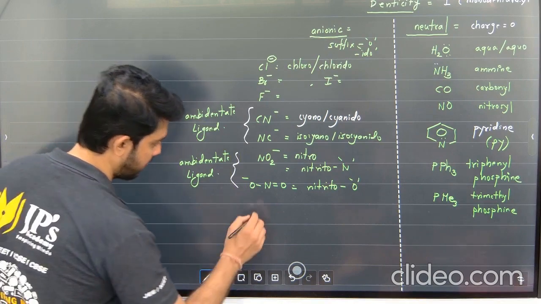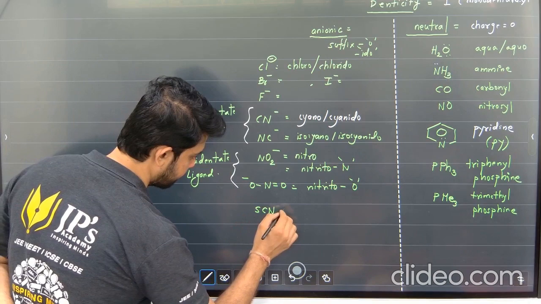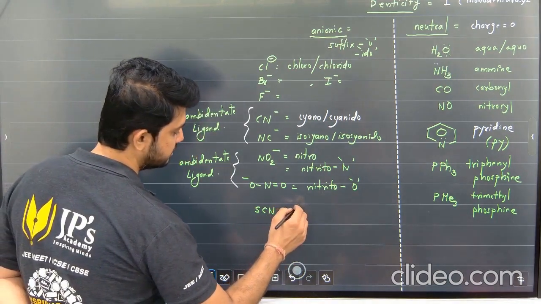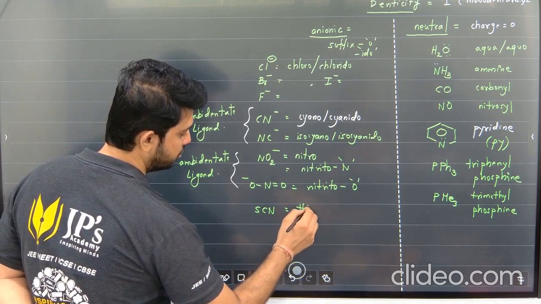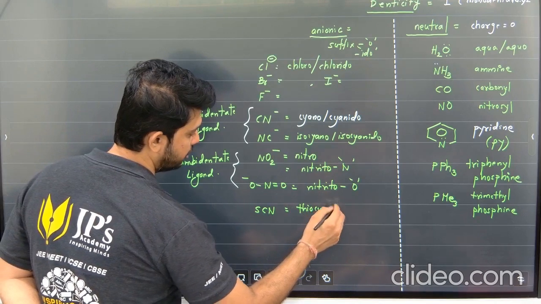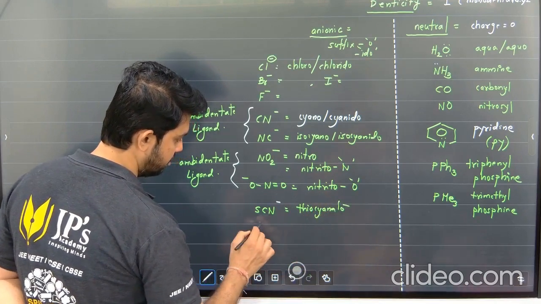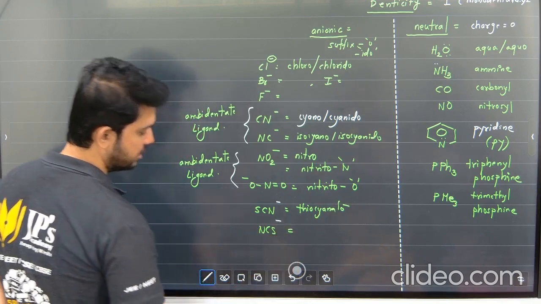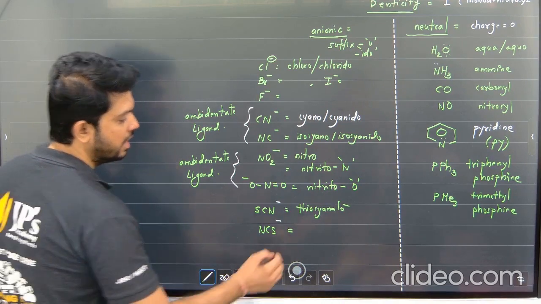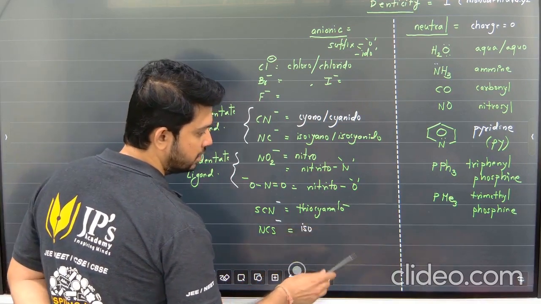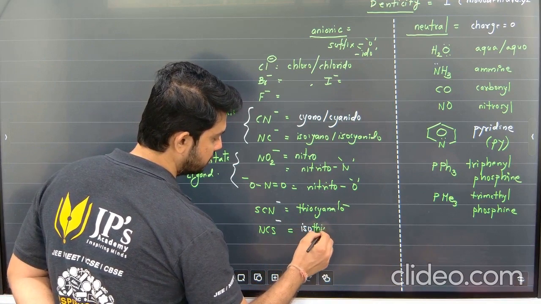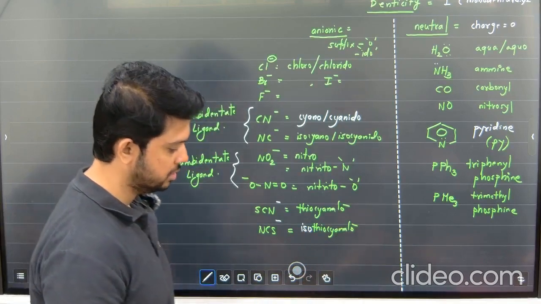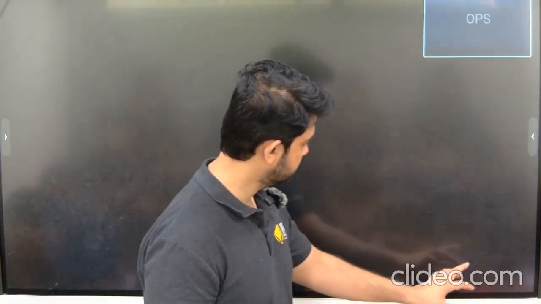Next, SCN is called thiocyanate, or NCS, which is called isothiocyanate.